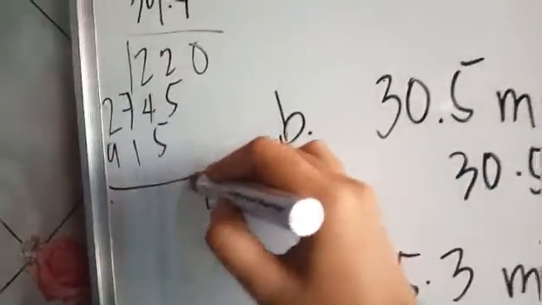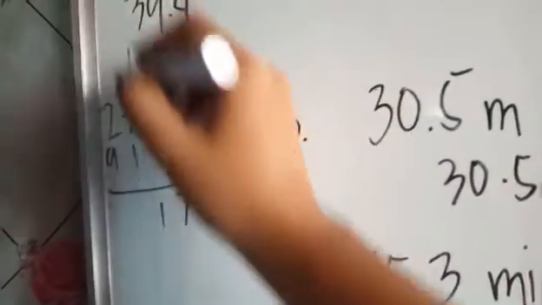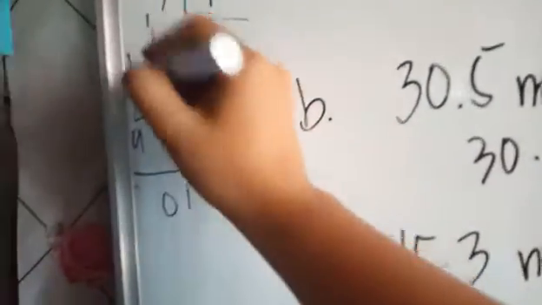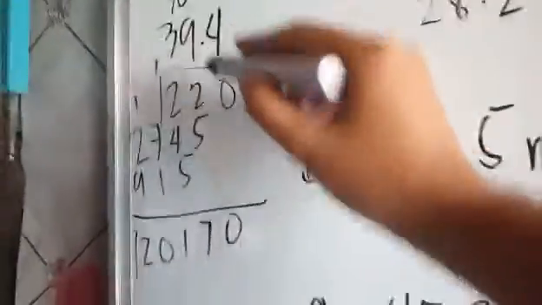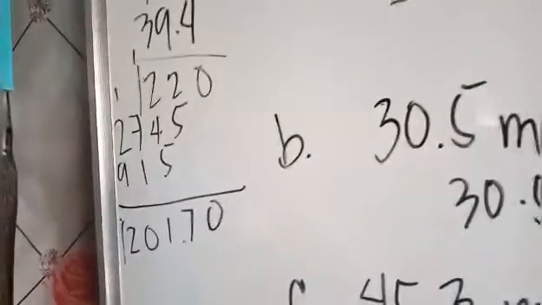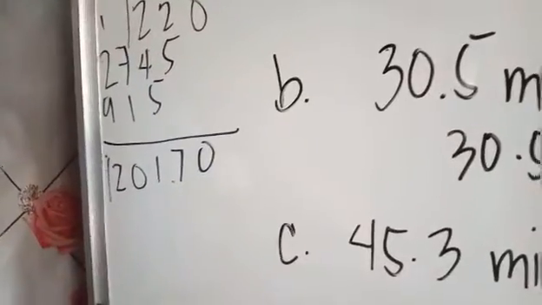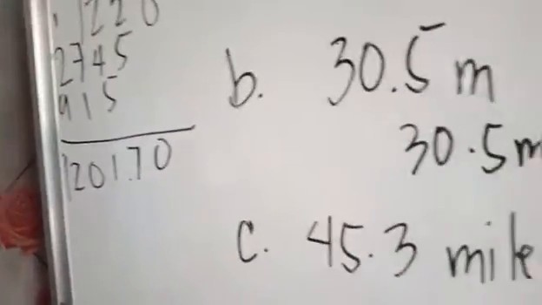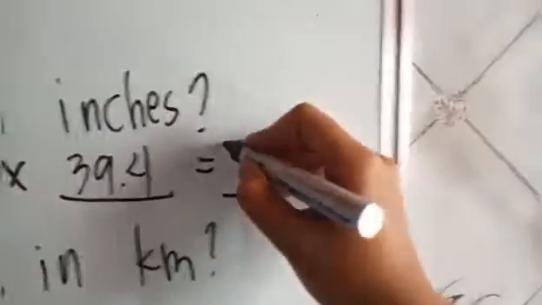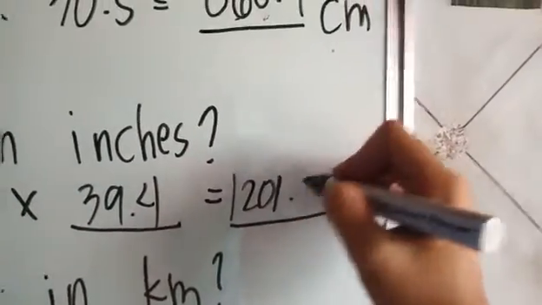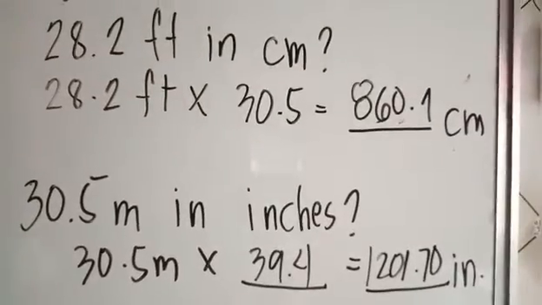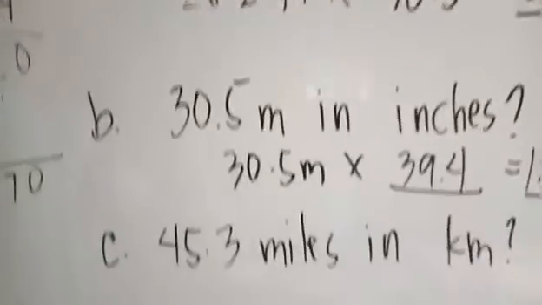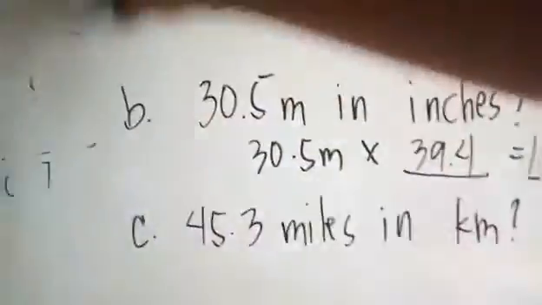So, we have 0, 7, 11, carry 1, 0, carry 1, and 12. So, ilan yung decimal point? So, we have 1, 2, 1, 2. So, yung sagot natin ay 1,201.70 inches. So, ganun lang siya kadali. Now, let's have the last examples.